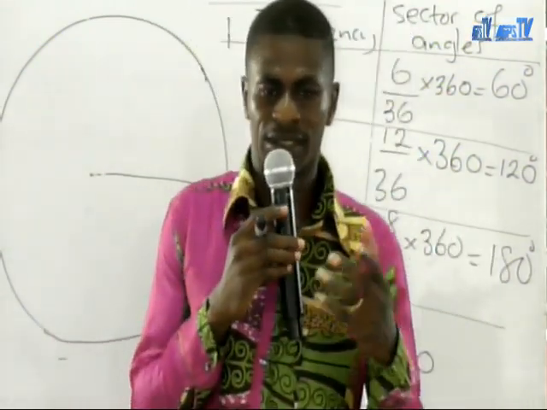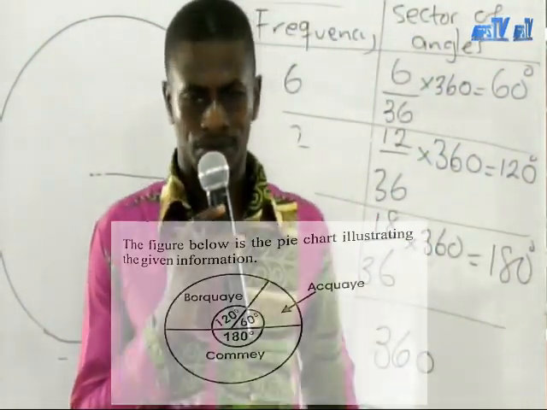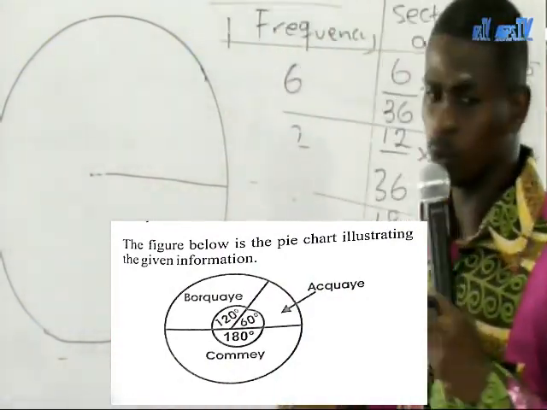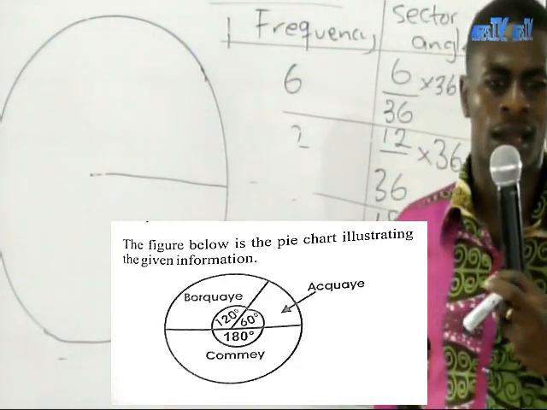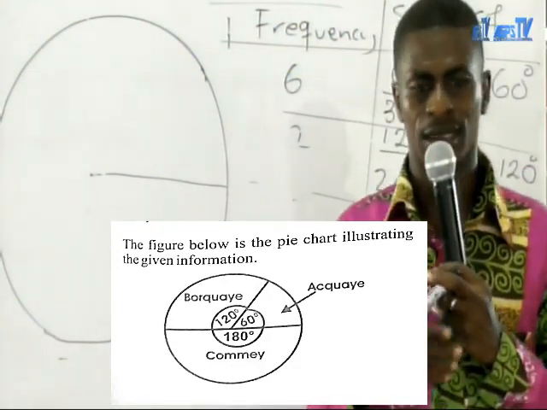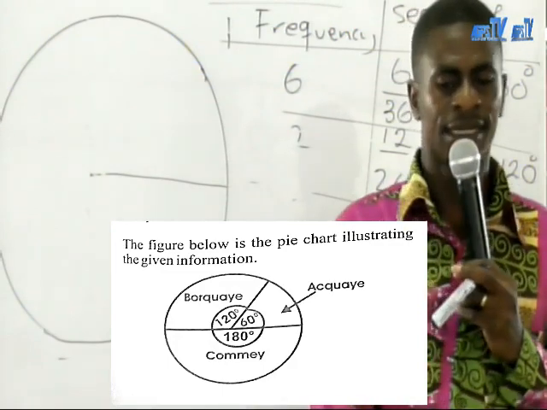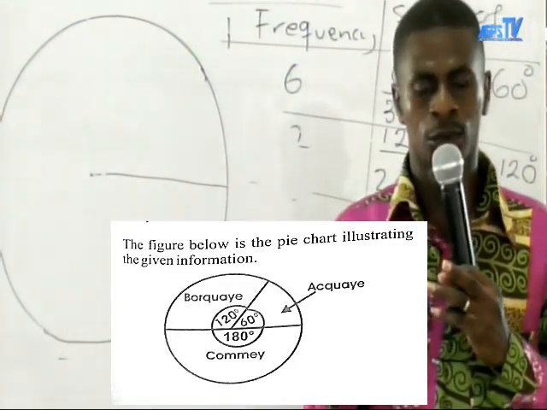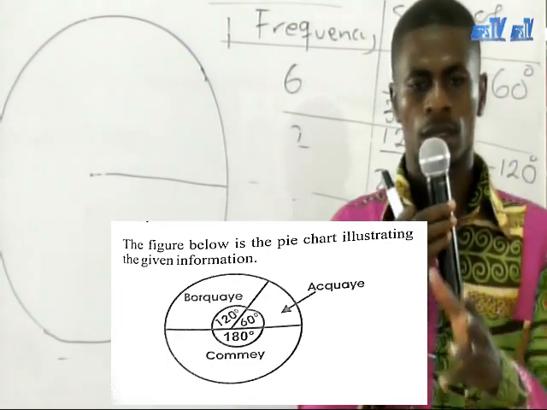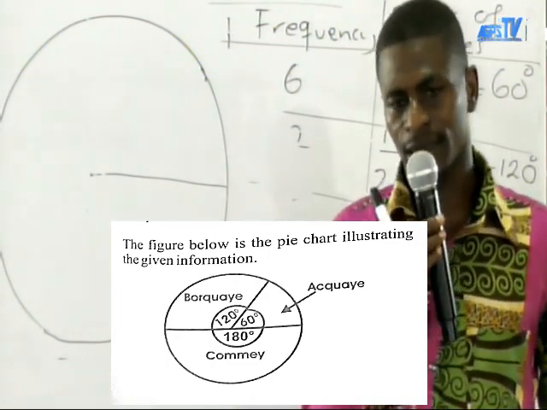So quickly on the screen, you see the various pie charts for the various ones. So you see Bukweye, then Akwaye, and then Komi being the various sectors there. And so at the end of the day, this is how your pie chart should look like.